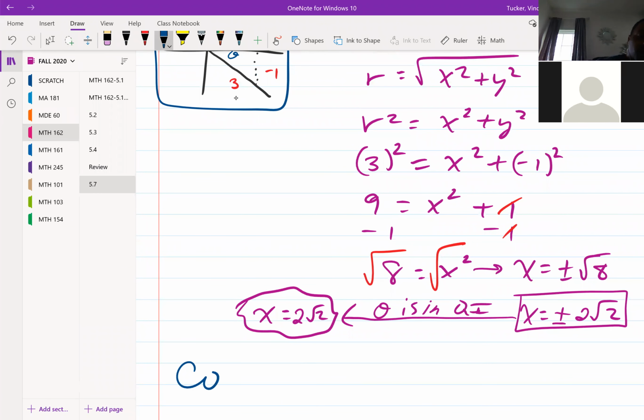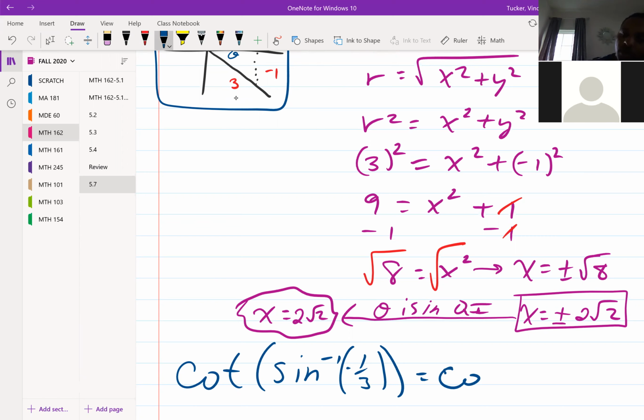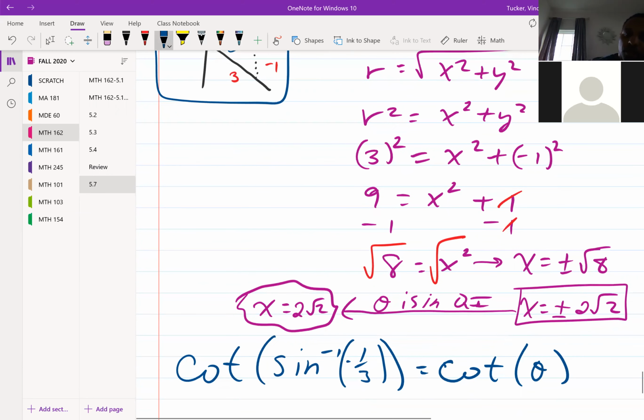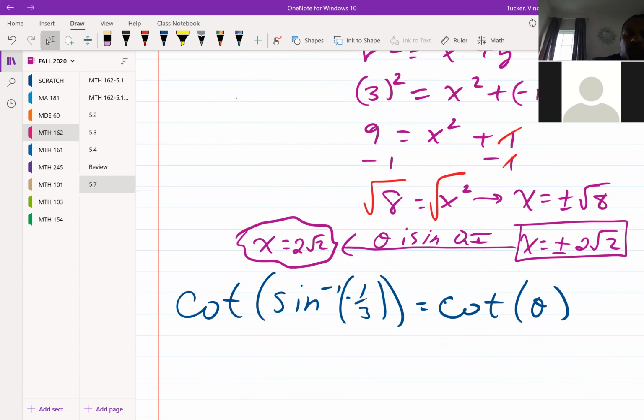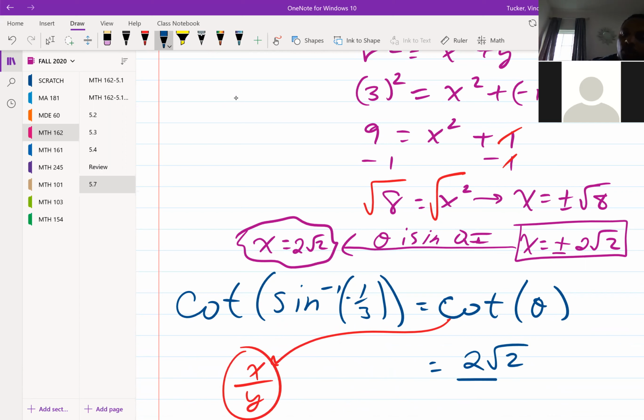And so now we're looking at cotangent of negative 1/3. And we had called that sine inverse. We had called that theta. So now we're looking at our chart and say cotangent of theta, don't forget that is x over y. Tangent is y over x, cotangent is x over y. So that x is 2 square root of 2 over y, which is -1.